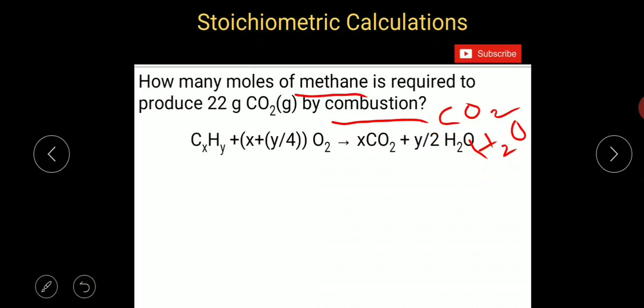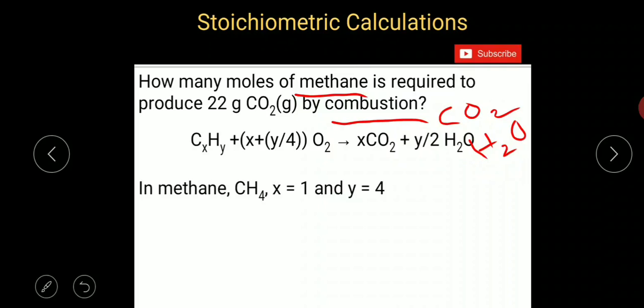CxHy plus (x plus y by 4) O2 to give x CO2 plus y by 2 H2O. This is the balanced equation for any combustion reaction of hydrocarbons.